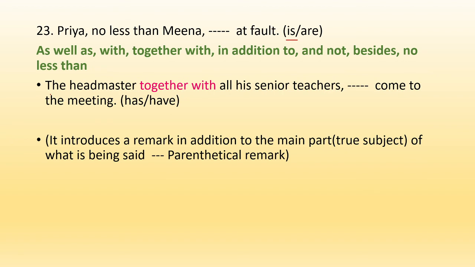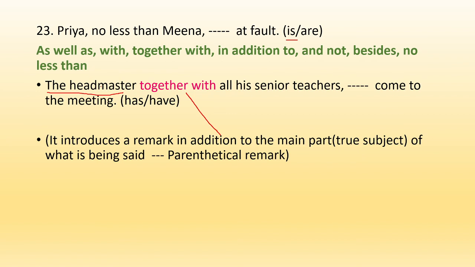Another example is: the headmaster together with all his senior teachers dash come to the meeting. Has or have? Again, the main subject is headmaster. Together with is an addition. It is an additional remark that introduces a remark in addition to the main part.